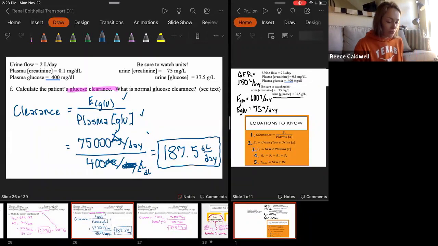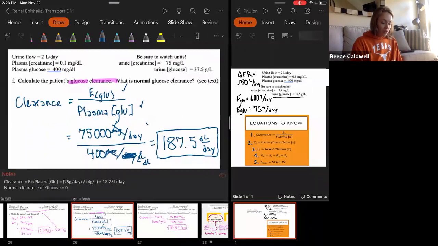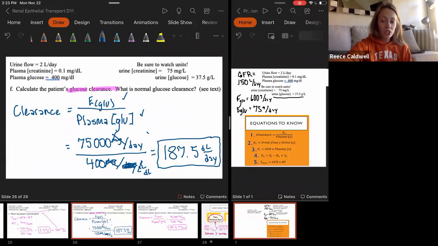Whenever we discuss what a normal glucose clearance would be, normal clearance of glucose should be 0. We should be clearing no glucose in the urine. We should be reabsorbing all glucose into our body to use it for ATP breakdown and energy production.